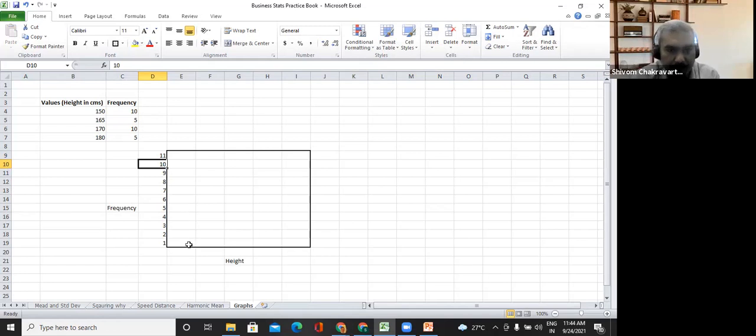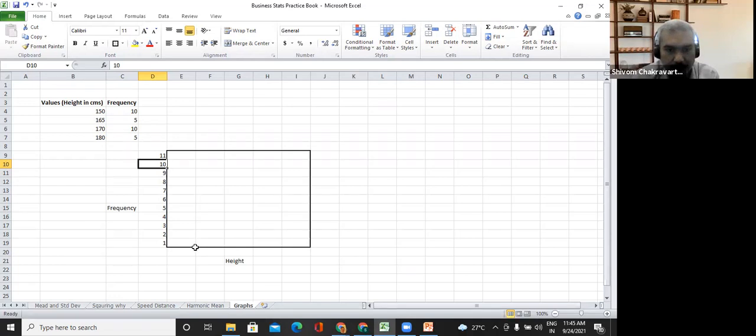We have to draw a simple bar for 150, which will end at 5. The question is, from where should the bar start? The bar we draw should start in the middle of this distance.